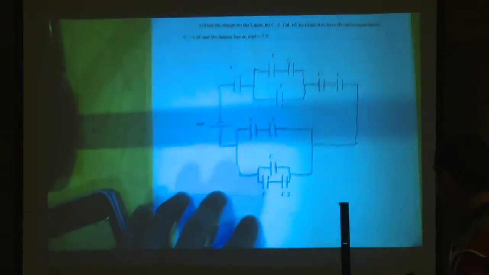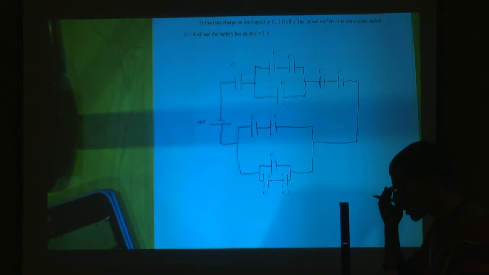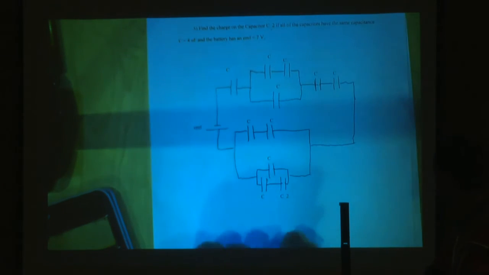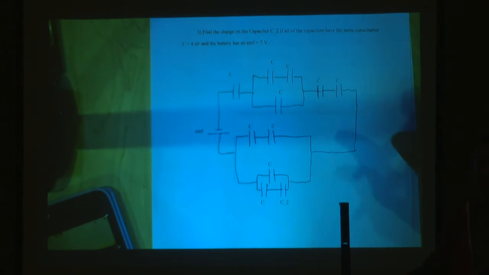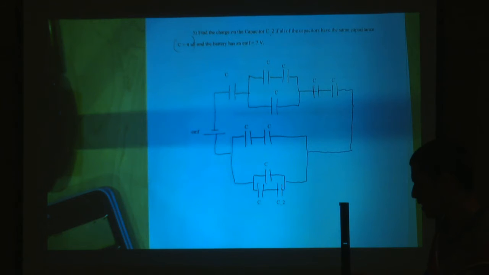Okay, it's not as pretty as I made it on Microsoft Word, but it works. The question asks, find the charge on the capacitor C2, and that's just how I do subscripts on Microsoft Word. So C sub 2, if all of the capacitors have the same capacitance, which is C equals 4 microfarad, and the battery has an EMF of 7 volts.